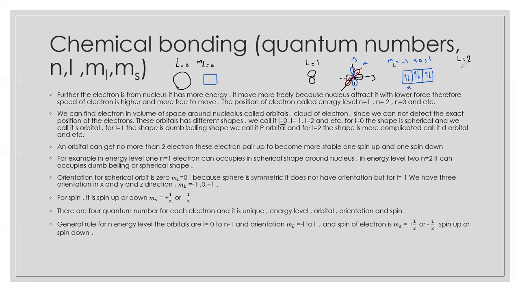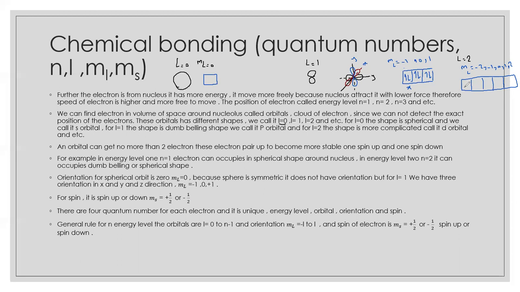For l equals 2, of course, ml will be -2, -1, 0, 1, 2. As you see, we have 1, 2, 3, 4, 5 boxes. It has more complicated shapes, but we know that's the rule.